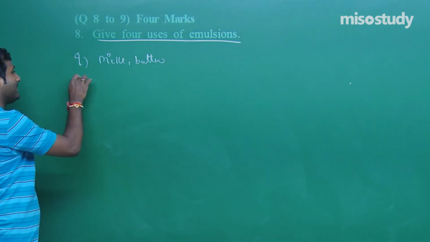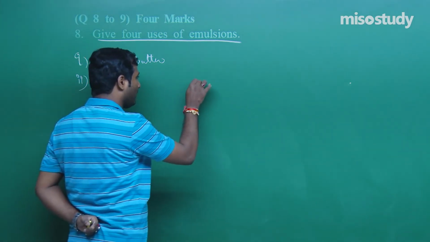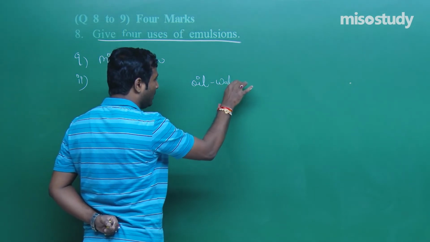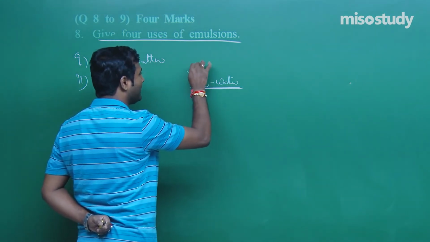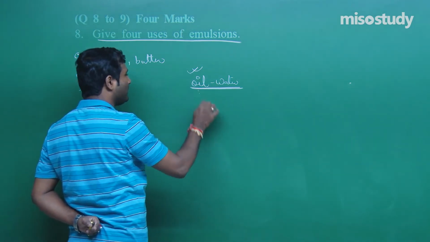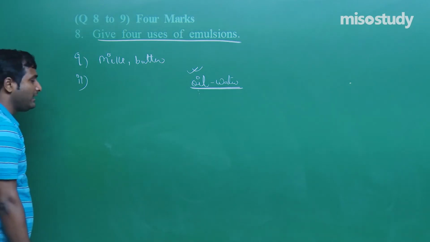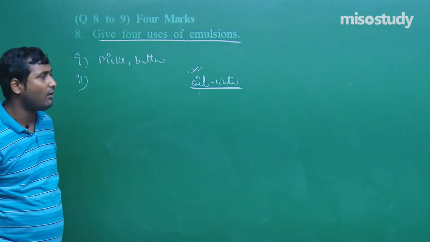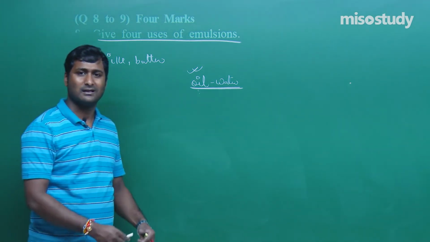Now, in metallurgical process, the froth flotation process, we form an oil water emulsion, and we use emulsifying agents like sodium ethyl xanthate, pine oil, eucalyptus oil. These all act as collectors. Clear? Many medicines in oil form act as emulsions. These are a few uses of emulsions, my friend.